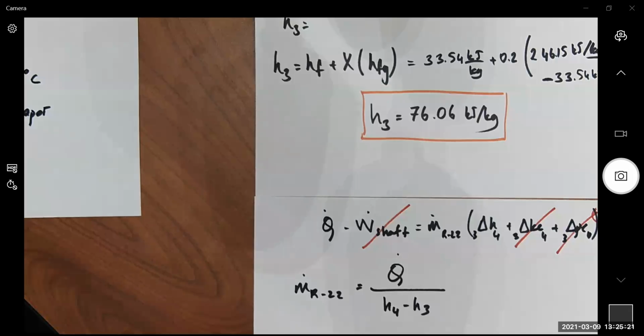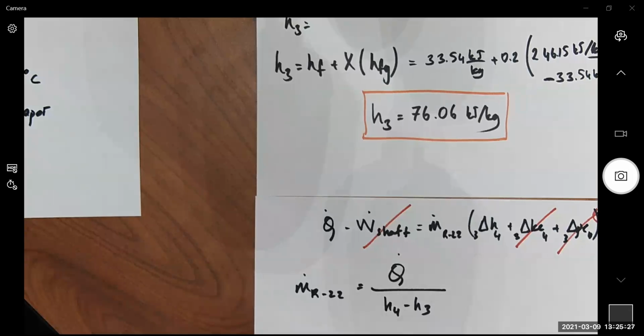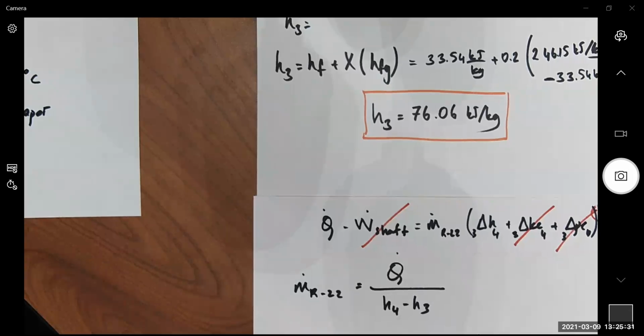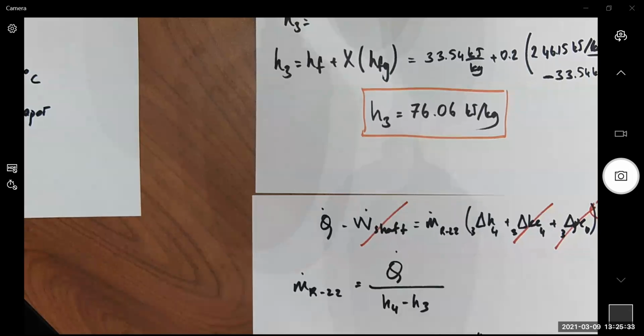So for 22 kilojoules per second, in this case, Q is what? Plus or minus? In this case, it's plus. But if I look at it on the hot side, it will be minus. So be careful what you are doing.